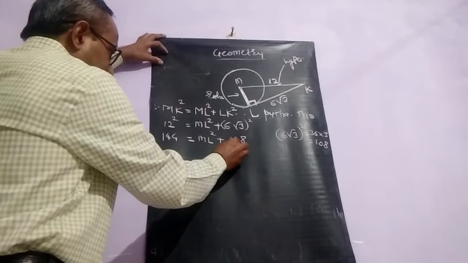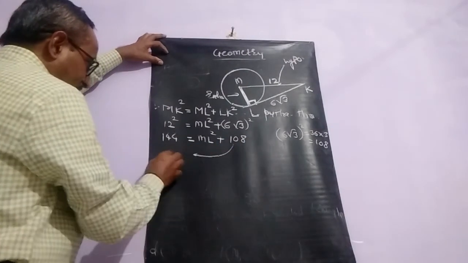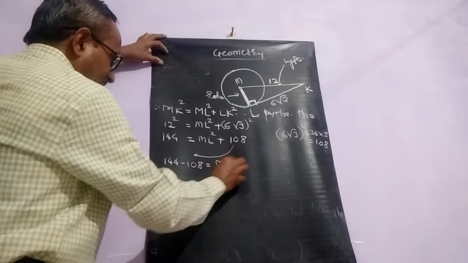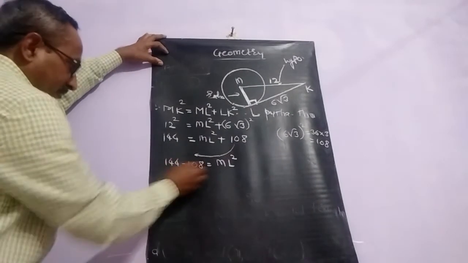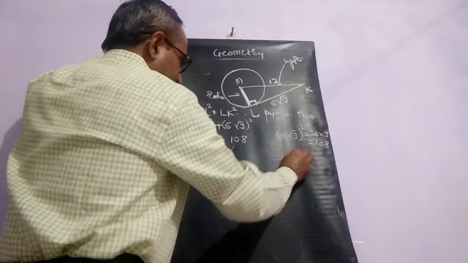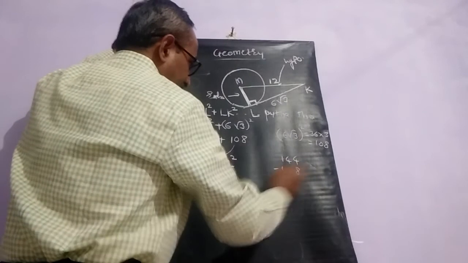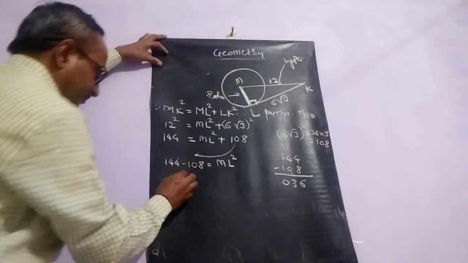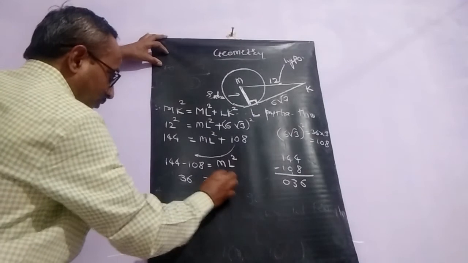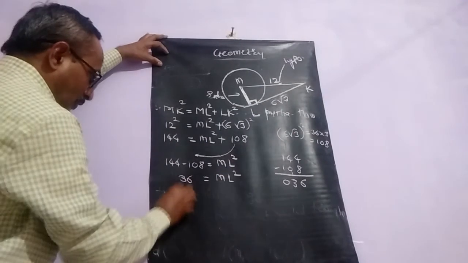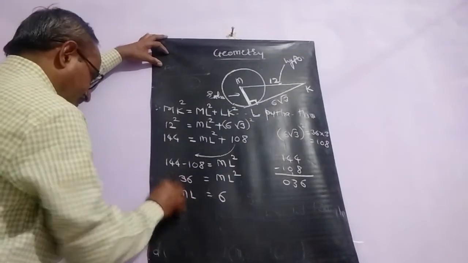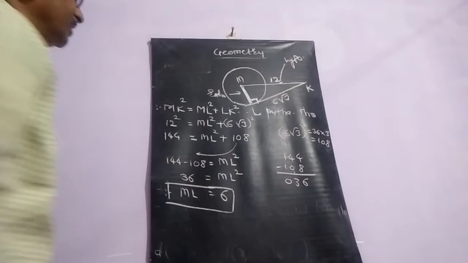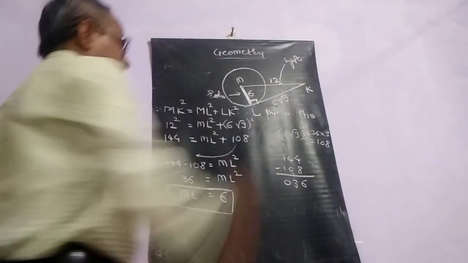So this 108 transfers here. 144 minus 108 is equal to ML square. If we subtract, 144 minus 108 is 36. 36 is equal to ML square. So ML is equal to 6 by taking the square root. Square root of 36 is 6.